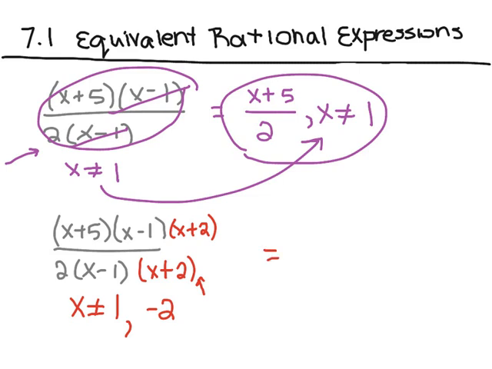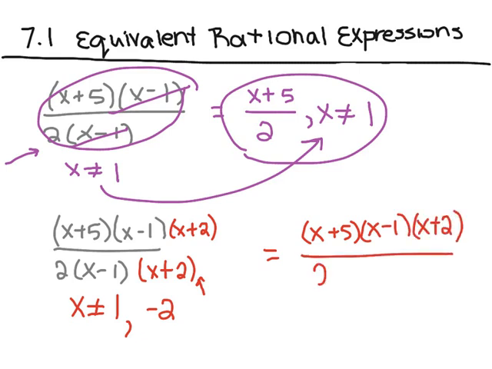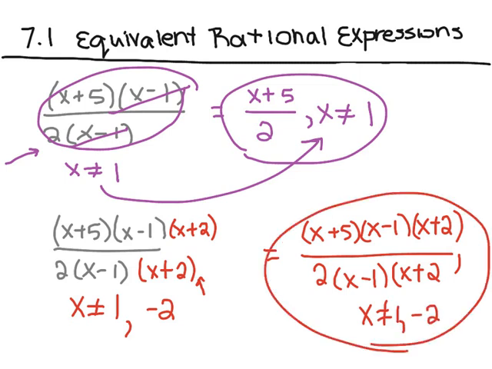So this rational, x plus 5, x minus 1, x plus 2 over 2, x minus 1, x plus 2, when x cannot equal 1 or negative 2, is the same as this. It's the same as this. They're all equivalent rational expressions.